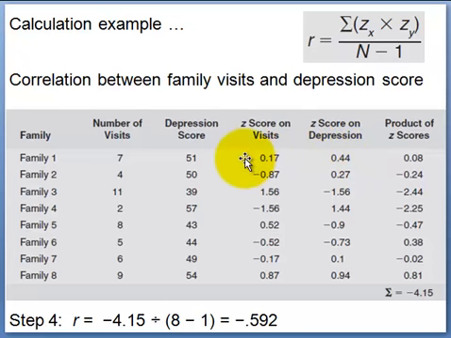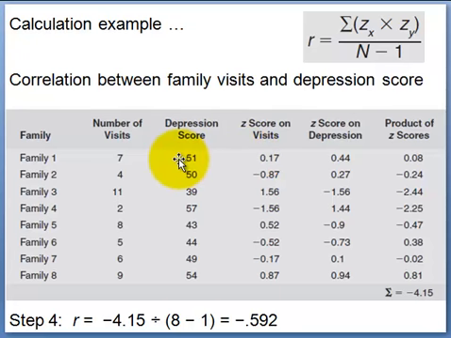So here is the z-score, for instance, for visits for family 1. Notice that this family was very, very slightly above the mean. I mean, the z-score of 0.17 conveys 0.17 standard deviations above the mean.